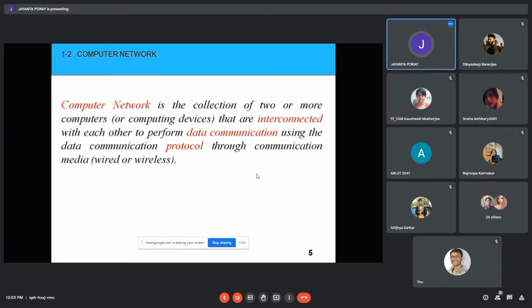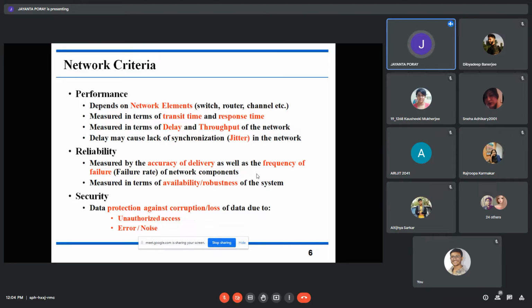For example, I have a LAN setup and I am using the FTP protocol. I am using this protocol to facilitate the connection between two computers. Then I can say this is a small computer network. Okay, fine. These are very basic things, but we will not focus on this.